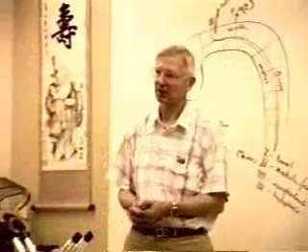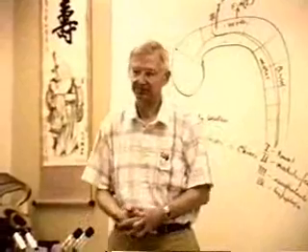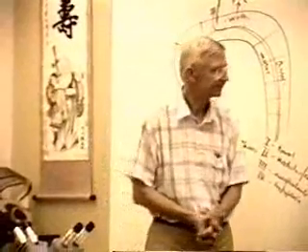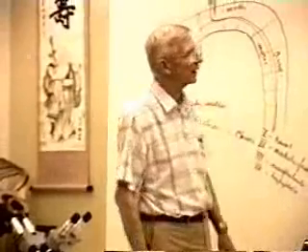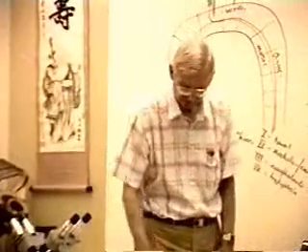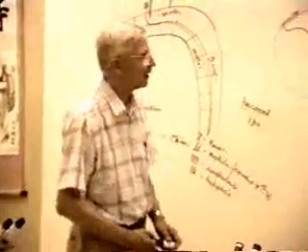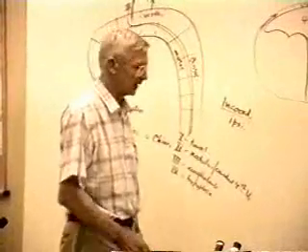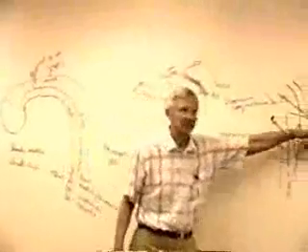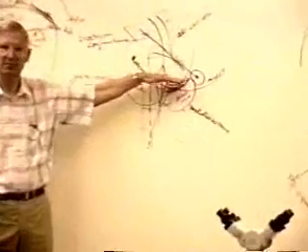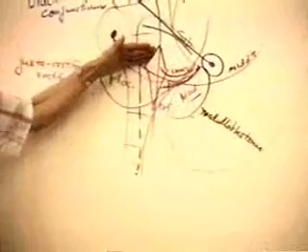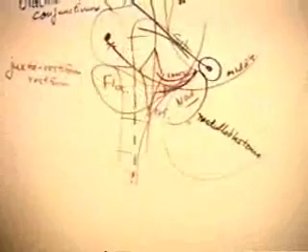Now I should say a little bit about the deep nuclei. The deep nuclei are probably going to be best seen in a horizontal section through the adult brainstem, middle hindbrain, for example.